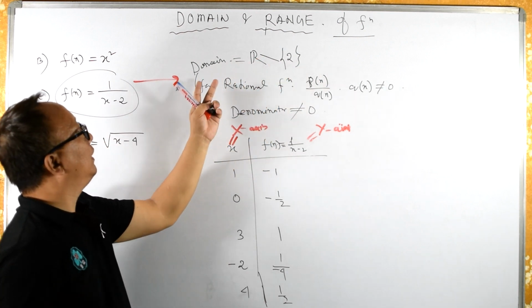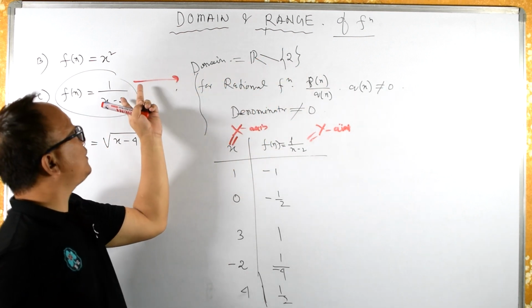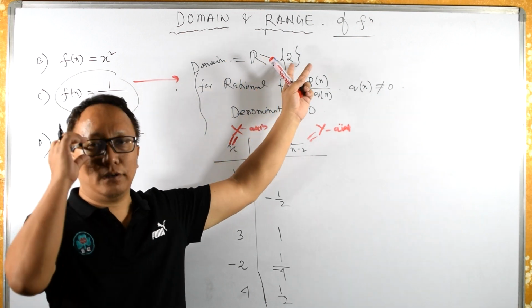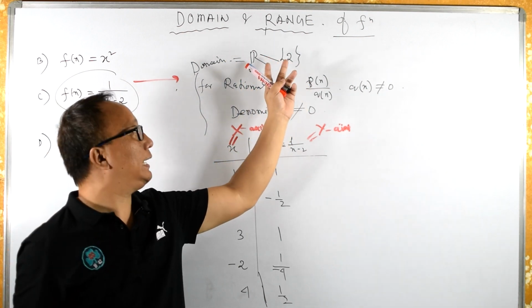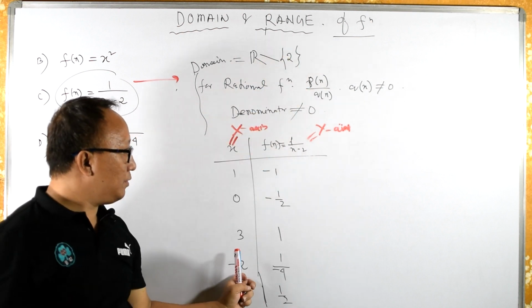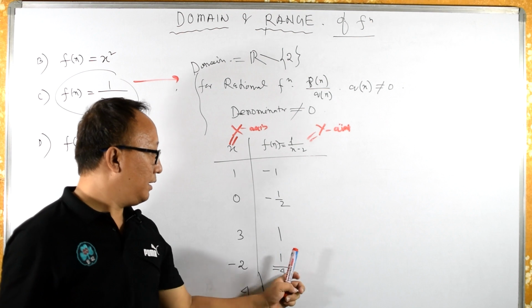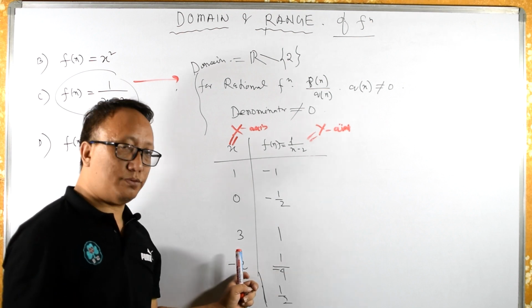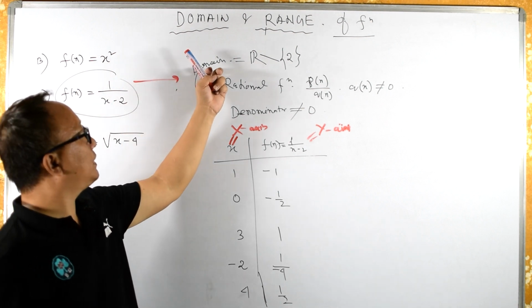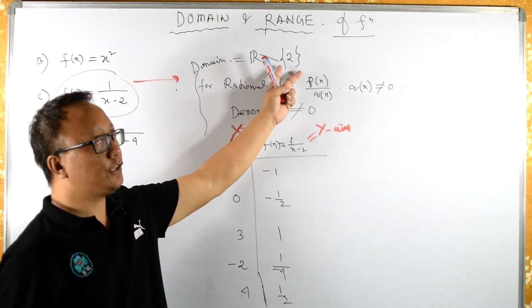Neglecting this 2, but for minus 2 we have a defined value, so we can take minus 2. Therefore the domain of this function is R minus {2}.